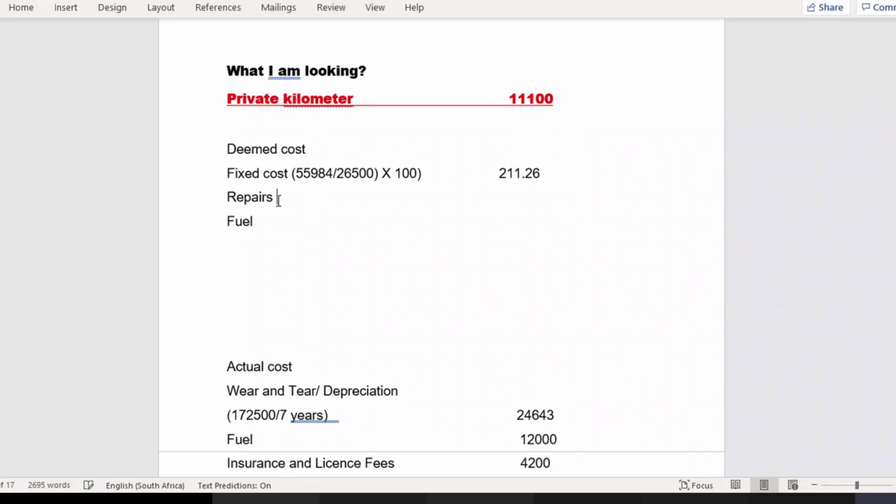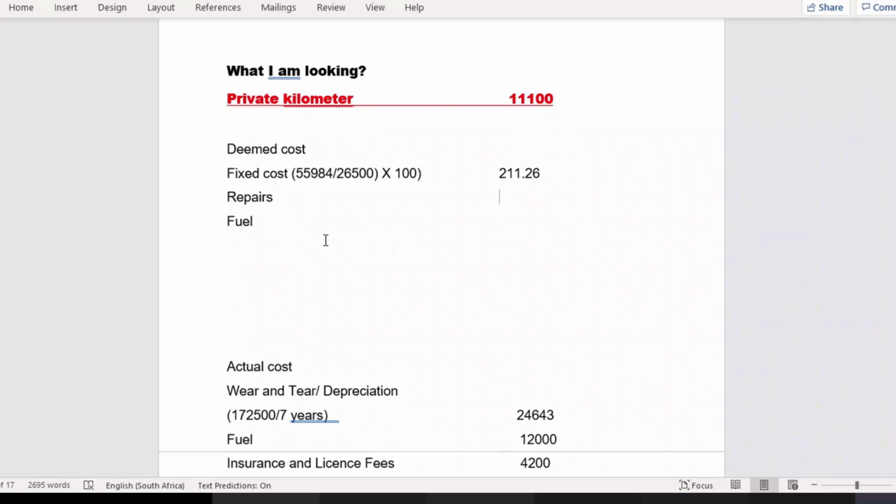Can somebody give me how much is the rent for the repairs? Quickly. I don't have the table with me. I rely on you. Sir, which learning unit is it? This is the fringe benefit. I think it's learning unit 6. Thank you.